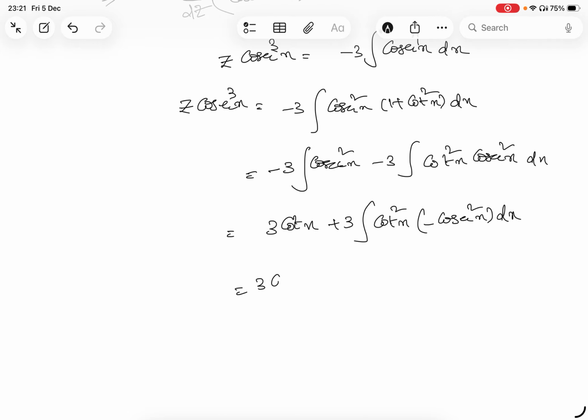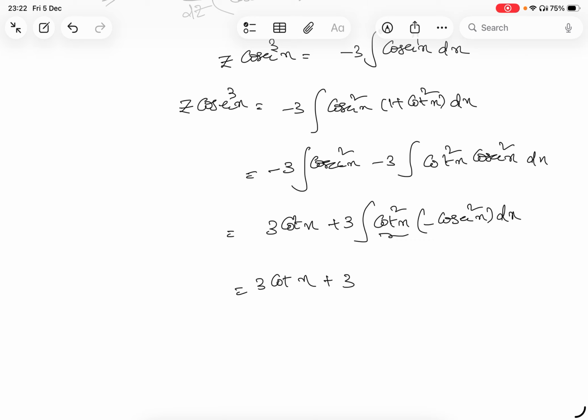Then this becomes 3 cot x plus 3 into, and now you can see this is cot x, this is cosecant square x. Differentiation of cot x is minus cosecant square x.